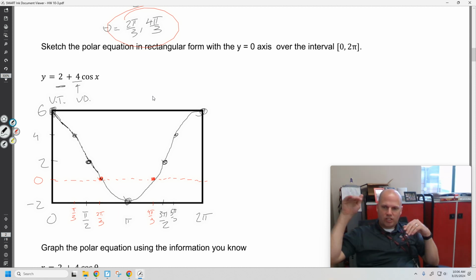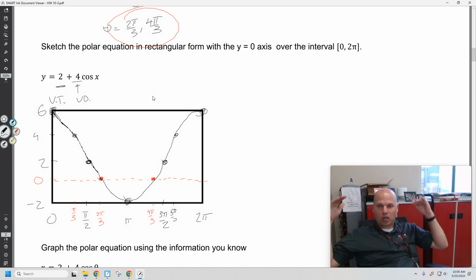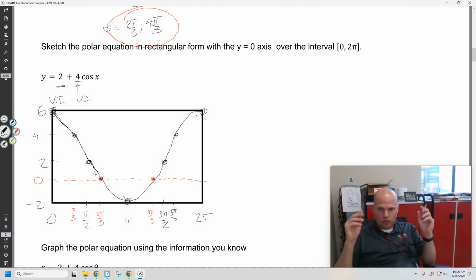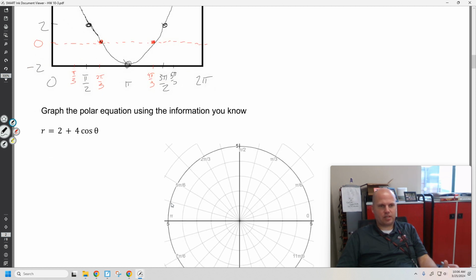We no longer look at just things going down or going up, but rather, are they getting closer to zero or further away than zero? Are they positive and decreasing? We're getting closer to the origin. Are they negative and increasing? We're getting closer to the origin. Hopefully we understand that. That's the biggest thing.